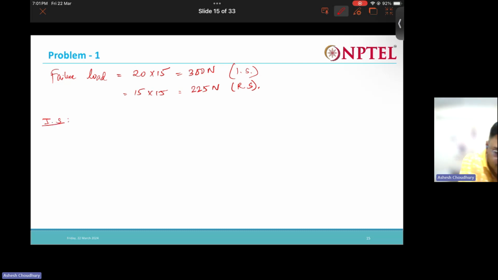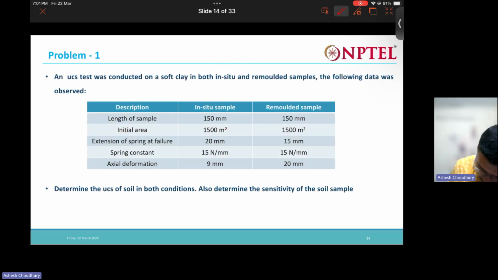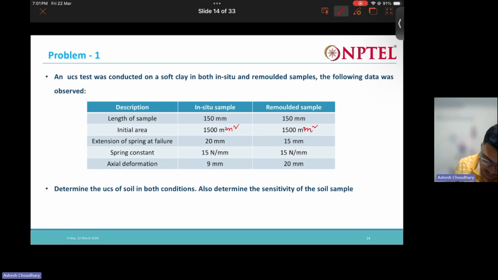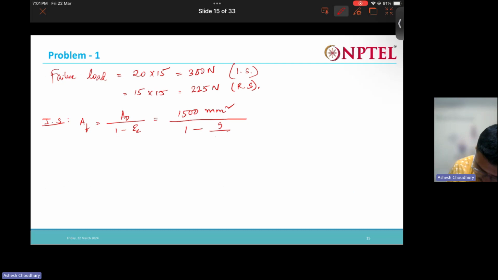Now for in situ, we know the failure load, so we can find out the corrected area at failure. So area at failure is what? A naught divided by (1 minus 9 by 150). A naught is given as 1500 mm square. To calculate this, therefore qu will be 300 divided by this value.